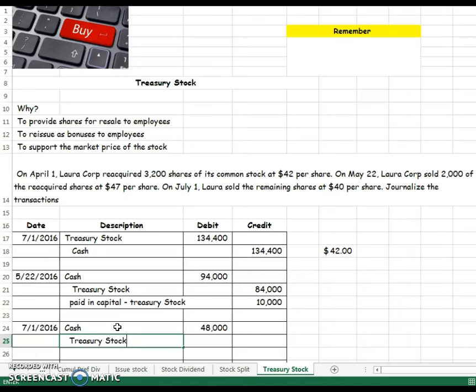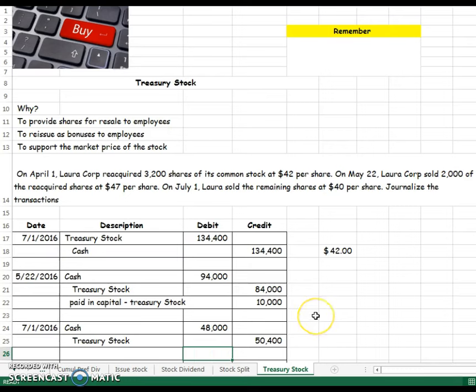Let me reduce my treasury stock for the amount that I've sold back now, which is going to be the 1,200 shares at the original price. So I go back to this $42 number. And then the rest of it is going to be paid in capital treasury stock. But this time, I sold it for $40, but I originally paid $42.